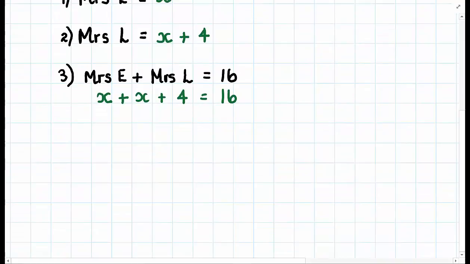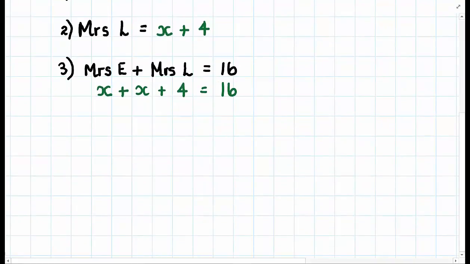We need to simplify this equation a little better. So let's add together the like terms. So x plus x gives us 2x, plus 4 equals 16. Now let's look at this equation.